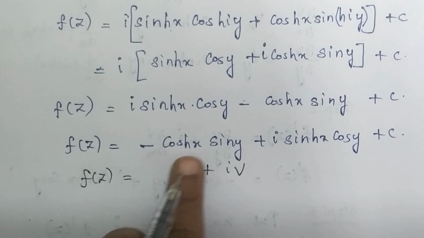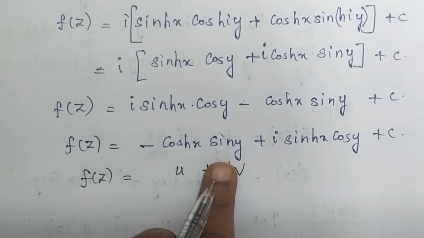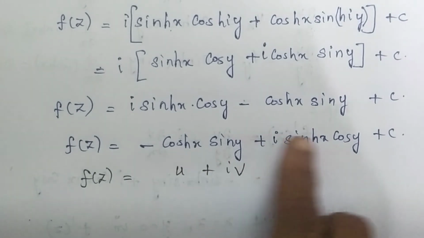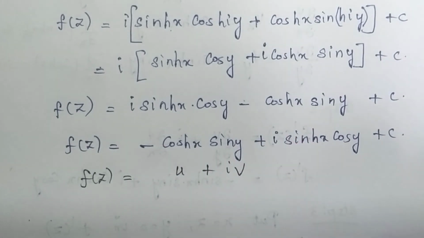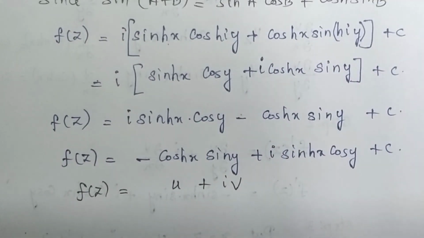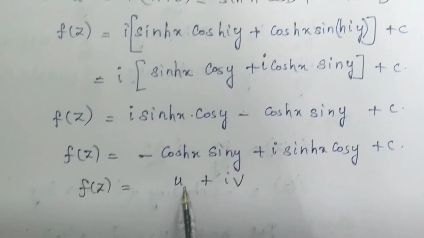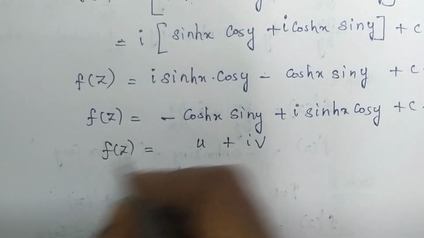So in the place of u we have this answer, that is minus cos hx into sin y, right? So this is its harmonic conjugate. Now what is the harmonic conjugate of v? That means u is the harmonic conjugate of v. Now we found the value of u.